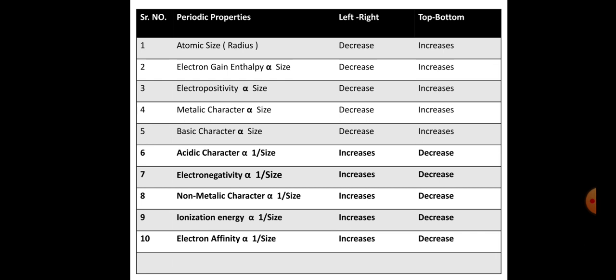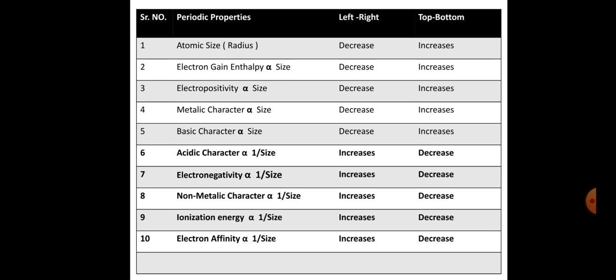If the size is bigger, the element will show metallic properties. As an example, I'll take one series, the third row elements: sodium, magnesium, aluminium, silicon, phosphorus, sulfur, chlorine, argon. You can see the size of sodium is bigger, so it is metallic in nature, but the size of chlorine is smaller, so it is non-metallic in nature.